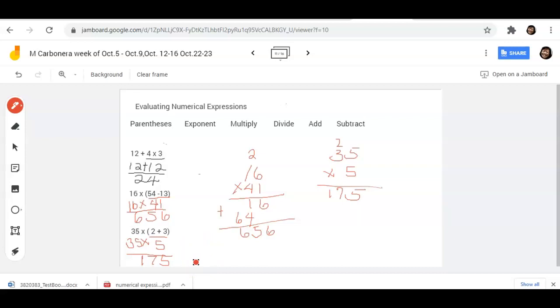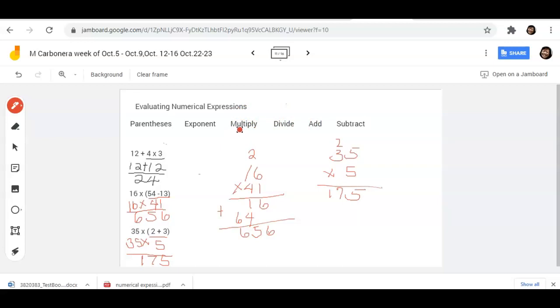Always remember, when you are evaluating numerical expressions, you are going to follow the rule for order of operations. And what is that rule? From left to right, parentheses should be done first, followed by exponent, multiplication and division. If they both are used, you are going to find out which comes first from left to right.